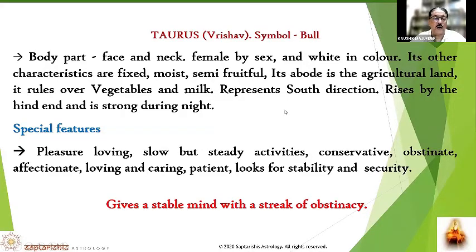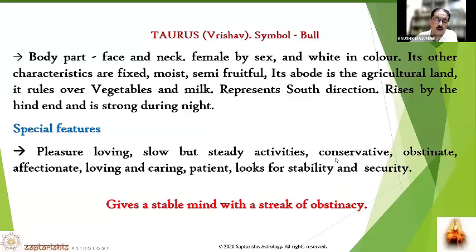Special features of Taurus. Taurus is pleasure-loving, slow but steady in activities, conservative, obstinate, affectionate, loving, caring, patient, looks for stability and security in life. The most highlighted characteristic of Taurus that I have given is that it gives a stable mind with a streak of obstinacy.